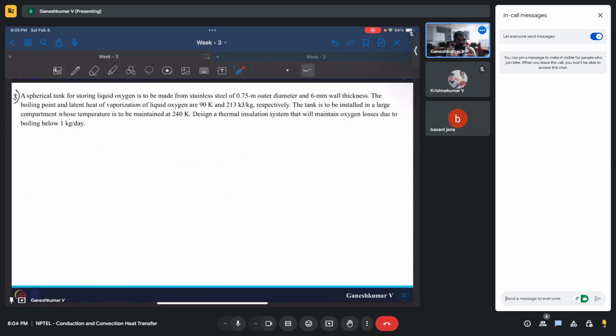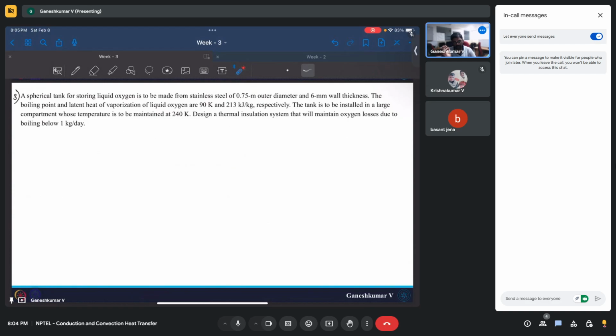So they are making a spherical tank which is going to hold liquid oxygen, and the diameter and thickness are given. The boiling point and latent heat of vaporization of liquid oxygen are given. The tank is to be installed in a large compartment whose temperature is to be maintained at 240 Kelvin.